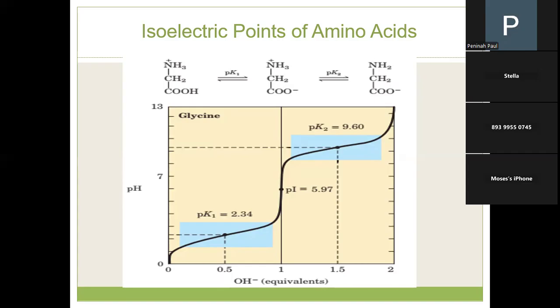So how do you get the pH at which both the amino group and the carboxyl group will ionize in such a way that the charges cancel each other?